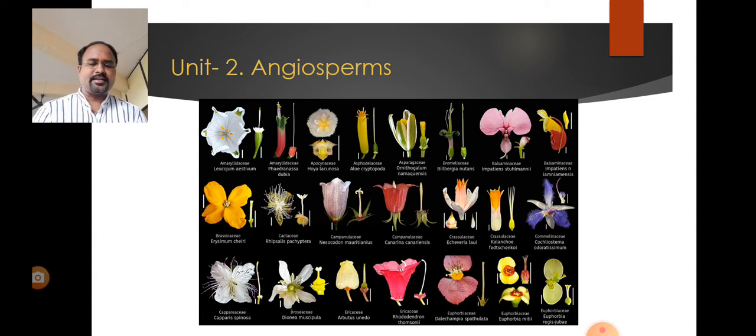Then come to the next point, the Bentham and Hooker system of classification for flowering plants. Study the vegetative and floral characters and economic importance of the following families: Leguminosae, Asteraceae, Amaranthaceae and Palmae.